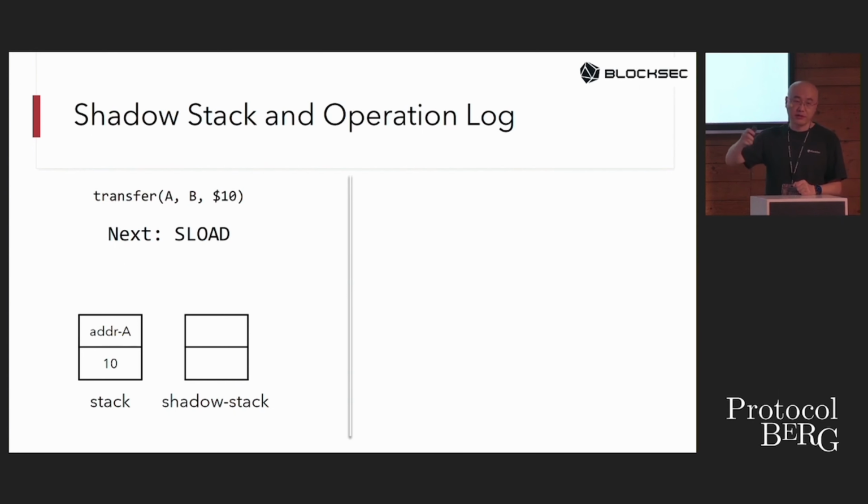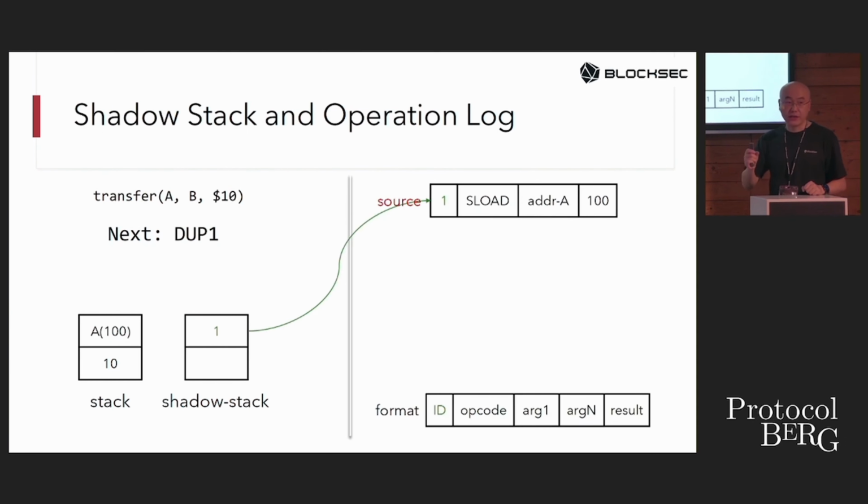Because the transaction is executed using EVM opcodes, we need to know the balance of account A from the storage. This is the SLOAD operation. So we have a shadow stack to log all these operations. Each entry in the operation log will record the opcode, the operands, and the relationship between the output and the input. I will show you that.